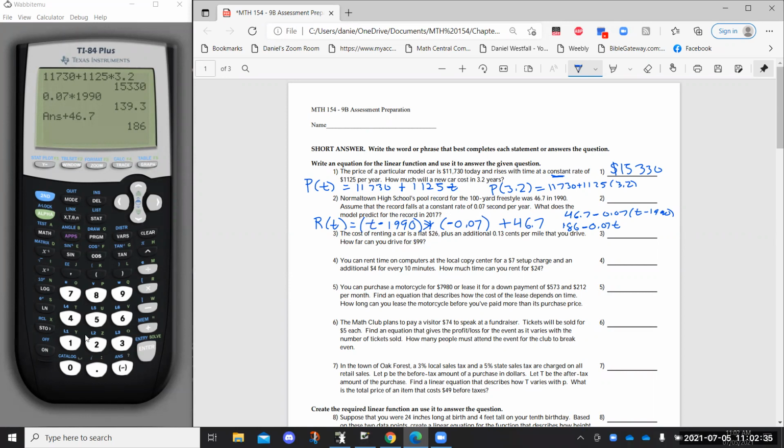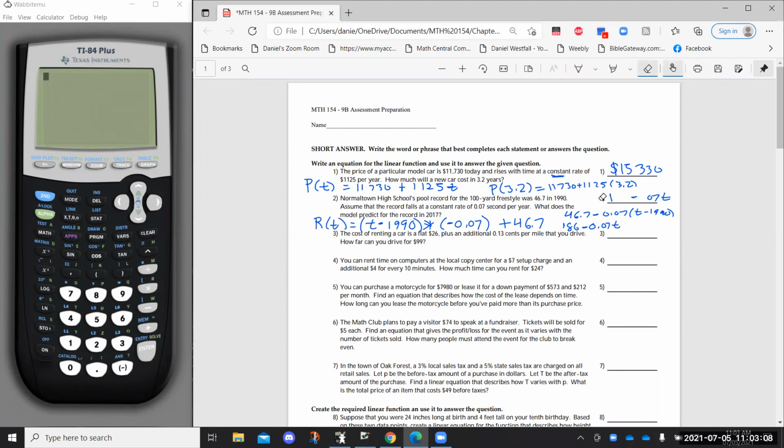So just check that out. 186 minus 0.07 times the year 1990 should give me 46.7, which it does. All right. So I like this form, 186 minus 0.07T. What does the model predict is going to happen in 2017?